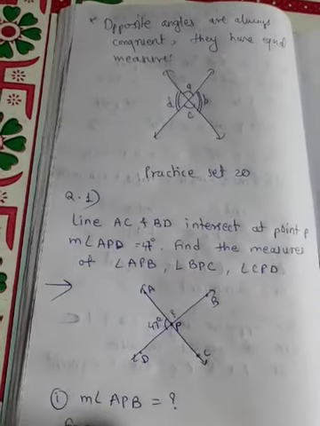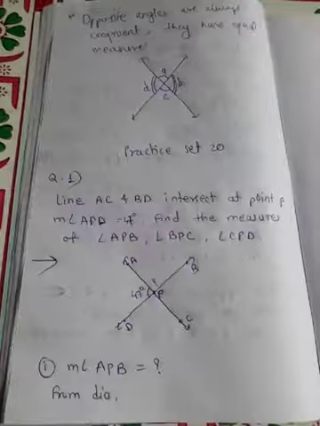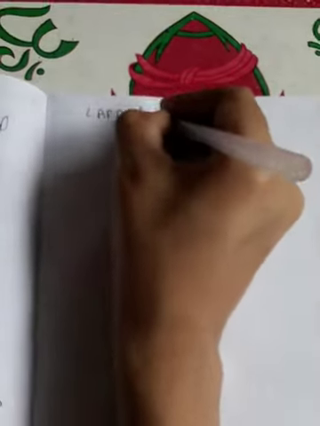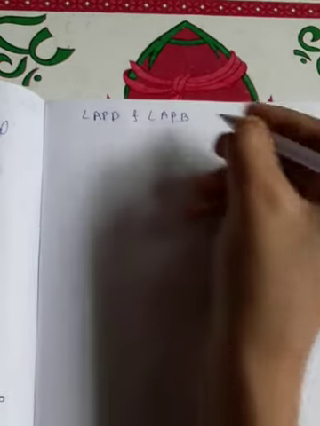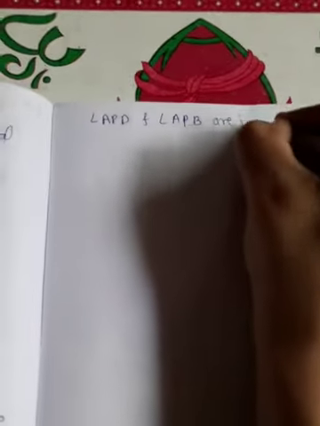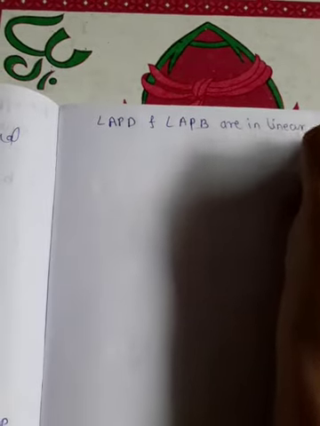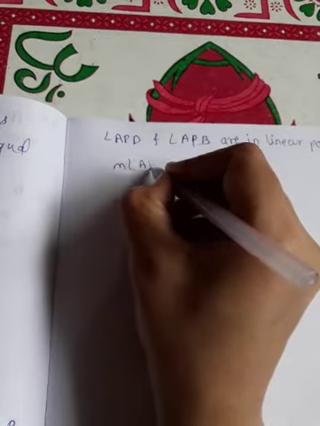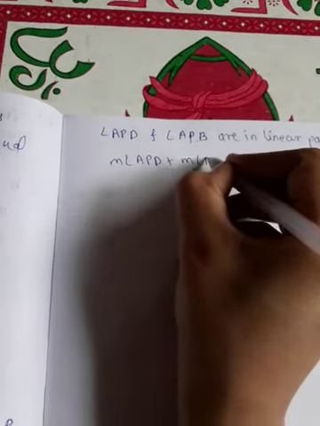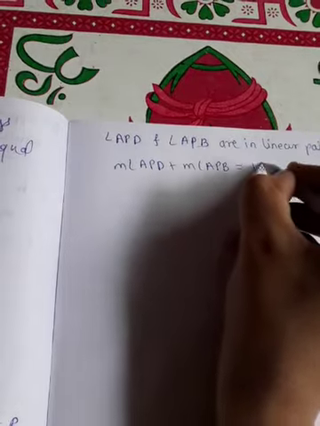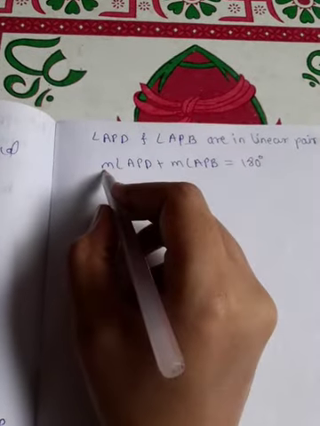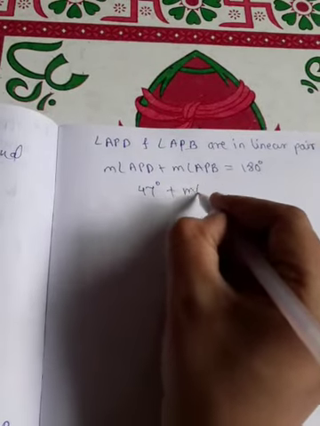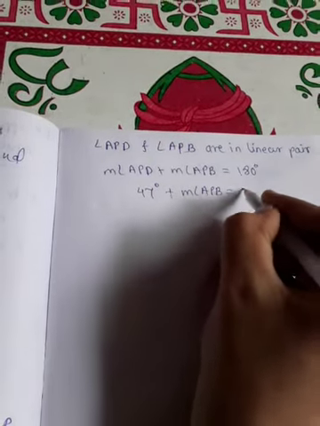From the diagram, angle APD and angle APB are in linear pair, and if angles are in linear pair, then the sum of measures of these two angles is 180. We know the measure of angle APD is 47 degrees.